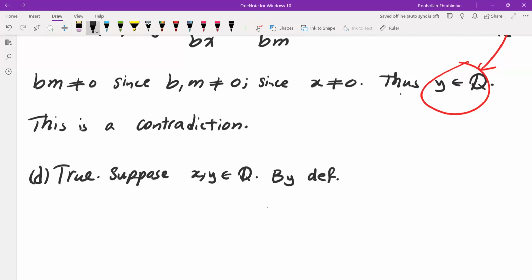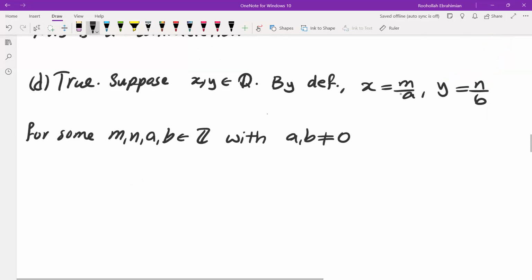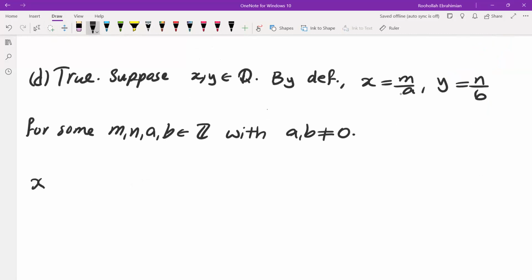By definition, X would be M over A, Y would be N over B for some integers M, A, N, B with non-zero denominators. Then we are going to add them up.